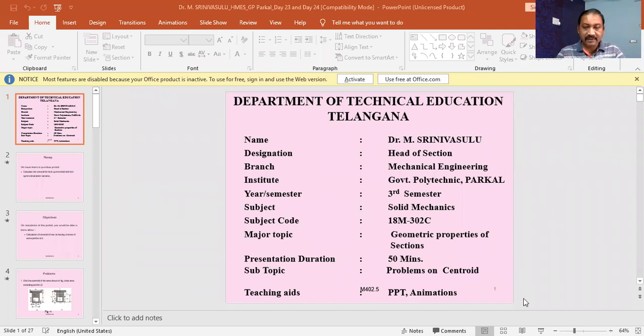Now, in this class, the major topic is the geometric properties of sections, and we'll solve the problems on centroid.